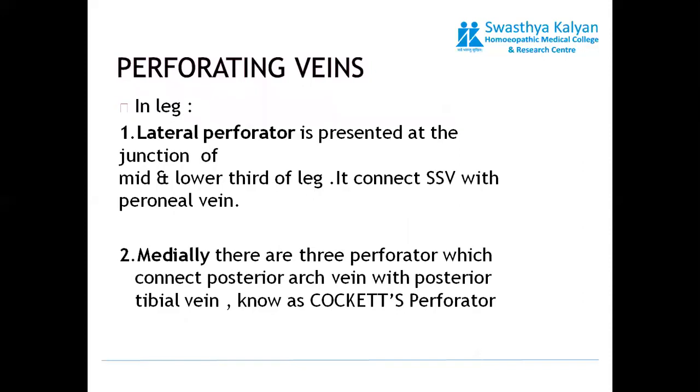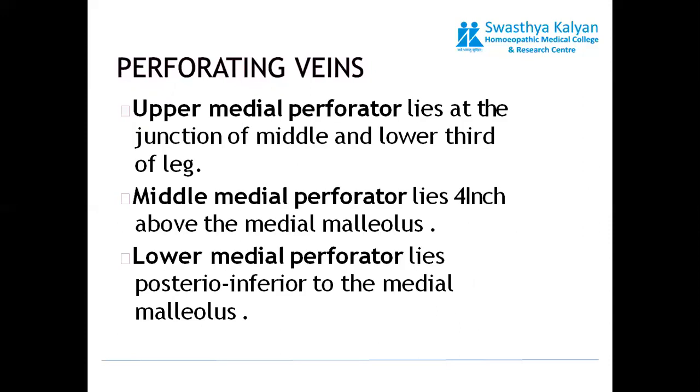In the leg, a lateral perforator is present at the junction of the mid and the lower third of the leg. It connects the saphenous vein with the peroneal vein. Medially, there are three perforators which connect the posterior arch vein with the posterior tibial vein, known as Cockett's perforators.